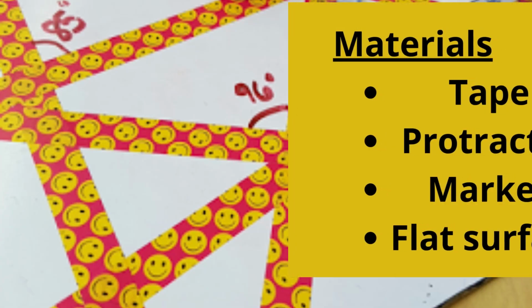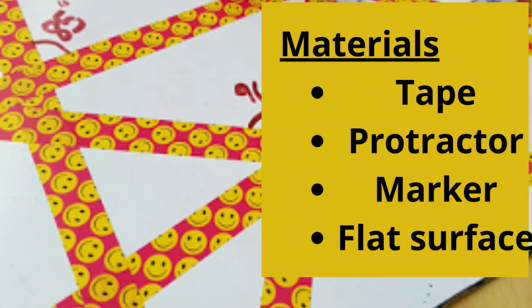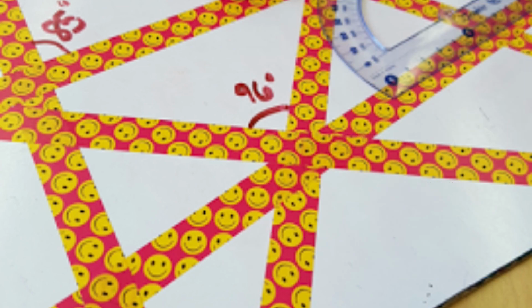Now that we've gone over our different types of angles, we're going to do an activity together. We're going to need tape, a protractor, a marker, and a table. You're going to get into groups, and you're going to use different colored tape to put tape across the table in many different ways.